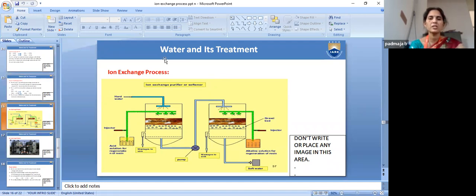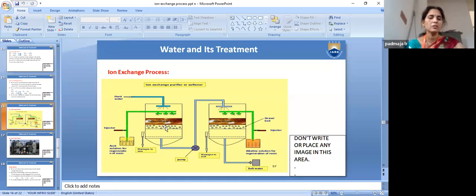Now listen everybody. We are taking two chambers here. In the first chamber we are taking cation exchange resin, and below that cation exchanger bed, we arranged a gravel layer for the support of the cation exchange resin.